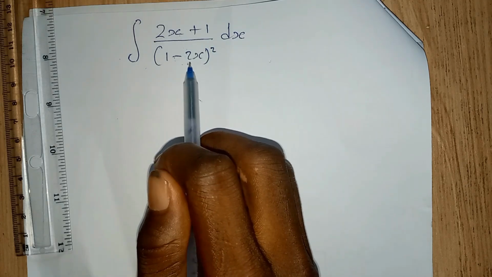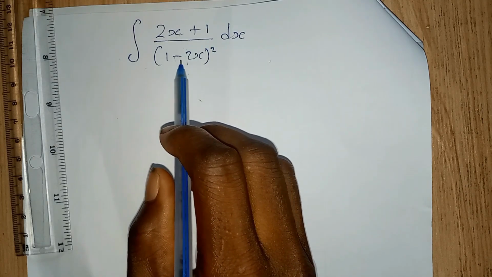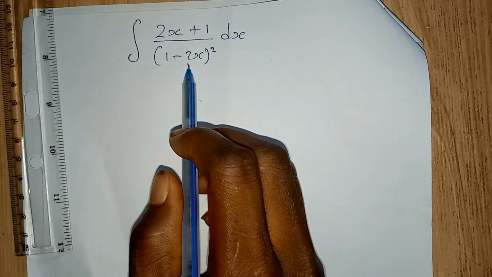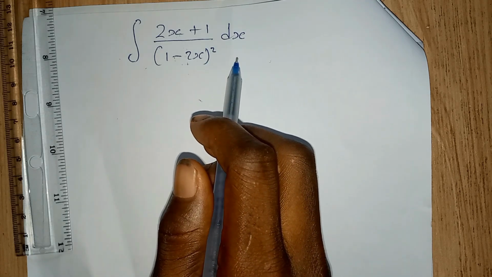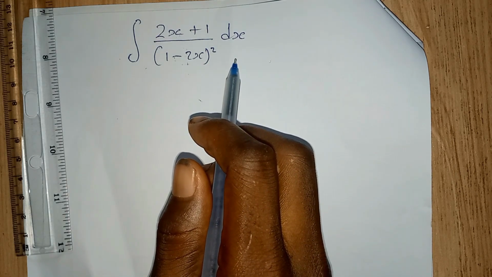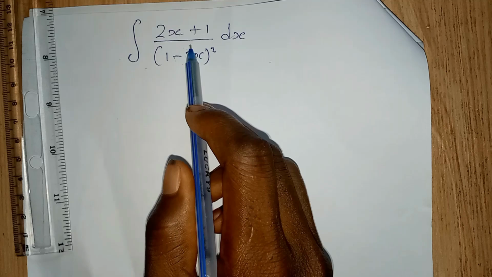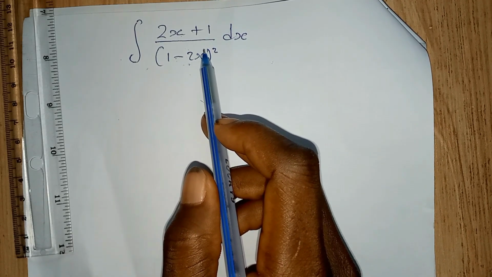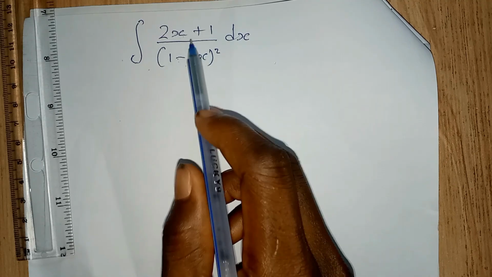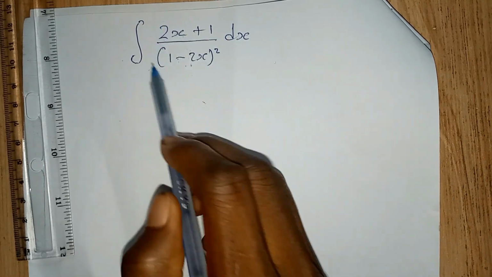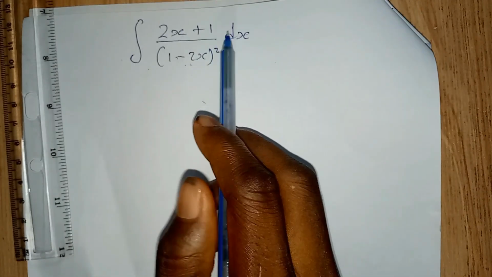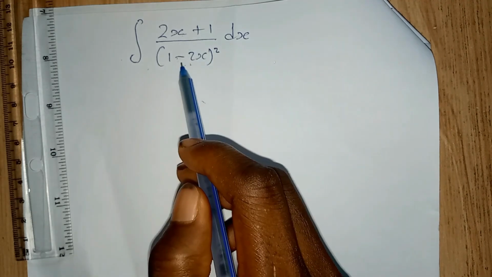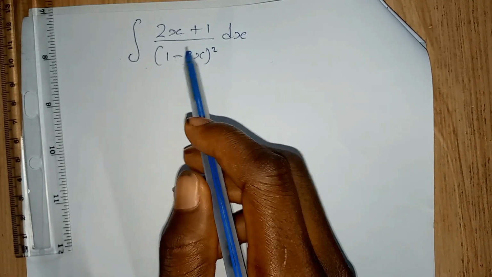But how do you know the right part to substitute for u? When you substitute and integrate and get your final answer, differentiate that answer. If you are not able to get back this particular integrand, then your substitution was wrong, so you come back and substitute the other part.